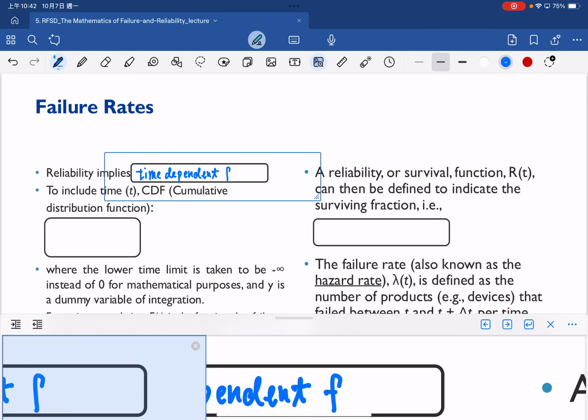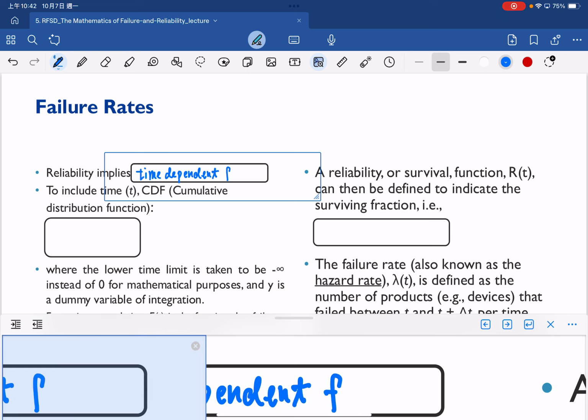And for a given population, capital F(t) is the fraction that fails up to time t, and it's related to the PDF. So PDF is a probability density function.